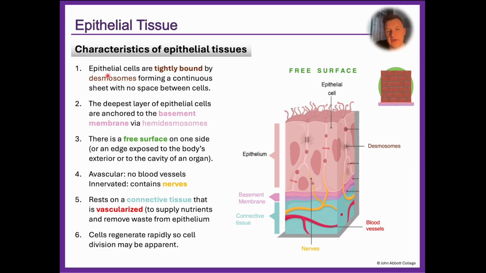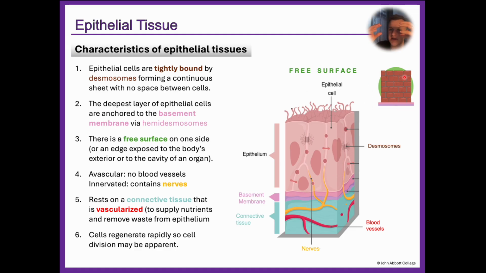So the first characteristic is that epithelial cells are tightly bound by what I call desmosomes. So over here, you see that these desmosomes attach cells together and they form a continuous sheet with no space between the cells. It's like a brick wall, right?